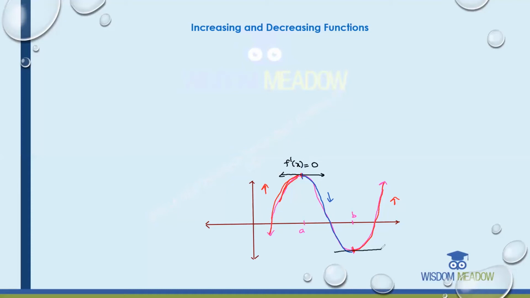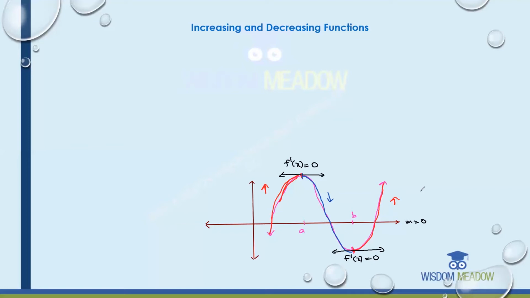When you equate the derivative to 0, that will give you the turning point. Why? Because the tangent is parallel to the x-axis, and the x-axis slope is 0. So the slopes are equal, that's equal to 0. That's how you find A and B, the turning points.